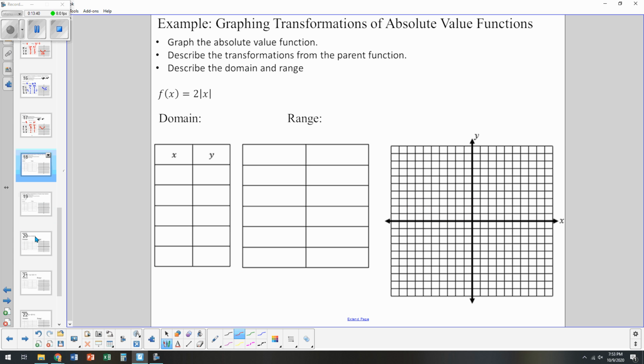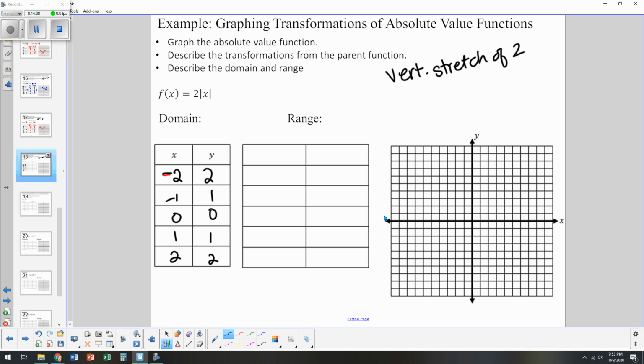All right, we'll focus on some stretches and shrinks here. So the number out front is a +2, so I don't really have to worry about what I choose for my parent function. Let's go back to the black. So I'm still going to keep it as my -2, -1, 0, 1, 2. And what's happening is I should have a vertical stretch of 2, right?